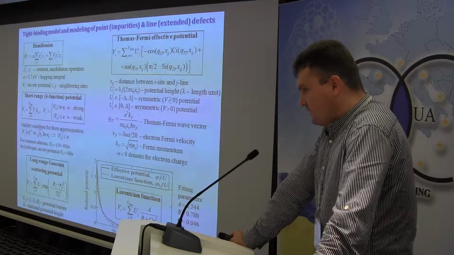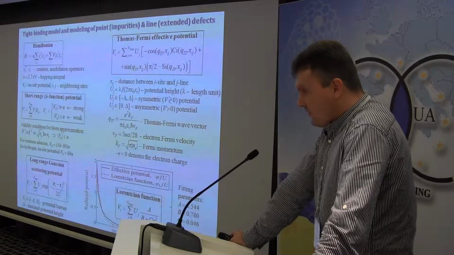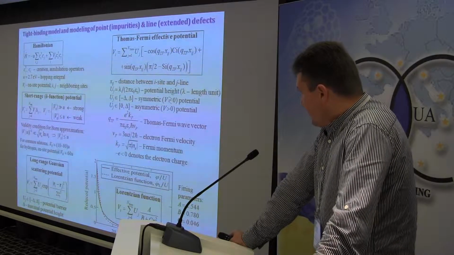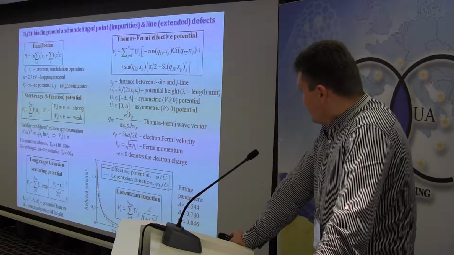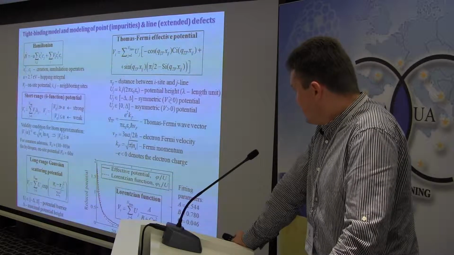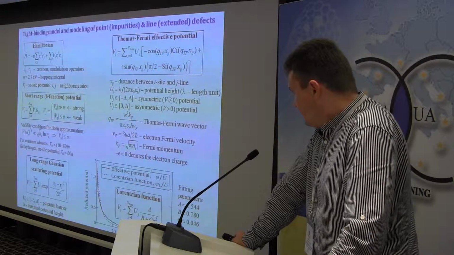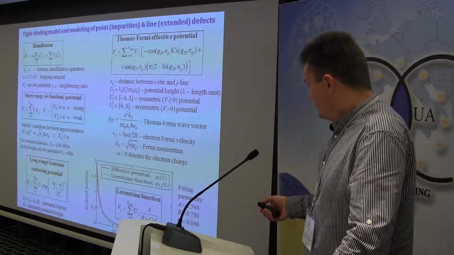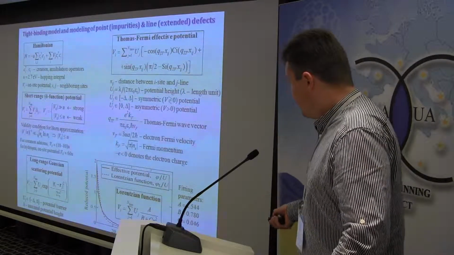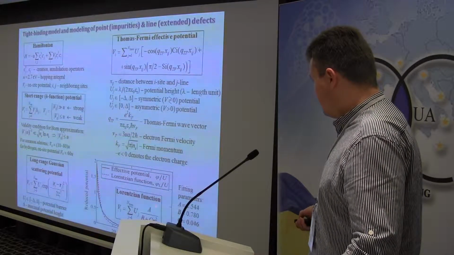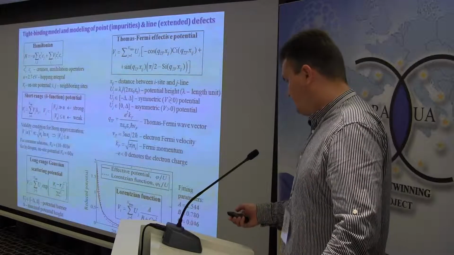When I say asymmetric potential, that is, the potential is either negative or positive. And sometimes to simplify calculation, we can fit the Thomas-Fermi potential by a so-called Lorentzian function, or Cauchy function, and you can see that this function fits this effective potential very well, where fitting parameters can be calculated, for example, from the least squares method.